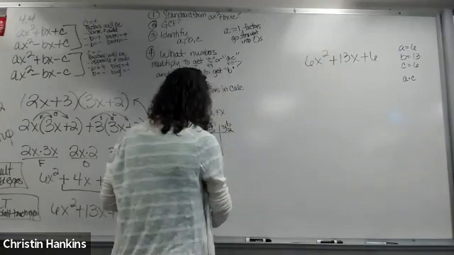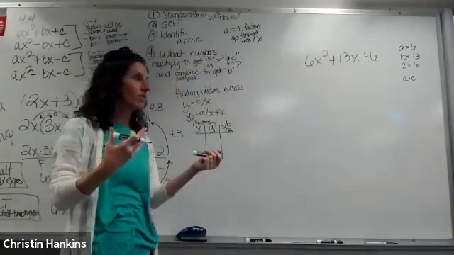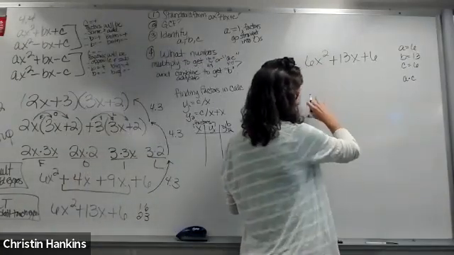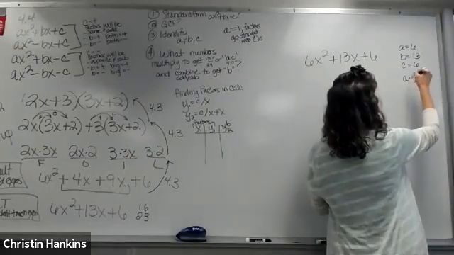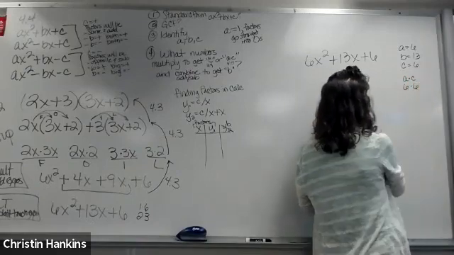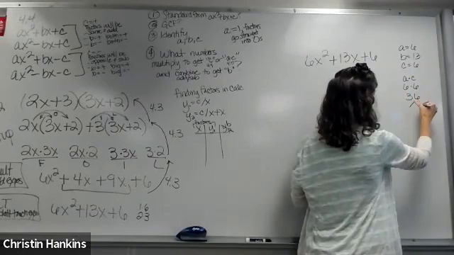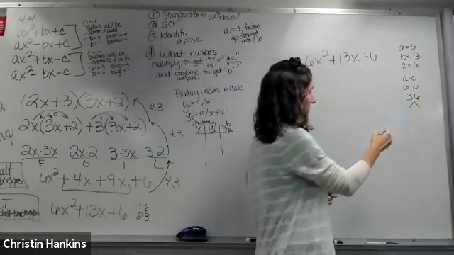Or again, we go back to reference when we first started all this factoring. I mean, you could just do guess and check and trial and error. That's kind of how I had to learn it. But we have created steps in order for you to find the factors without having to wear yourself out and use a whole bunch of paper. So A times C here is 36. Looking at the factors of 36, it's kind of a lot.